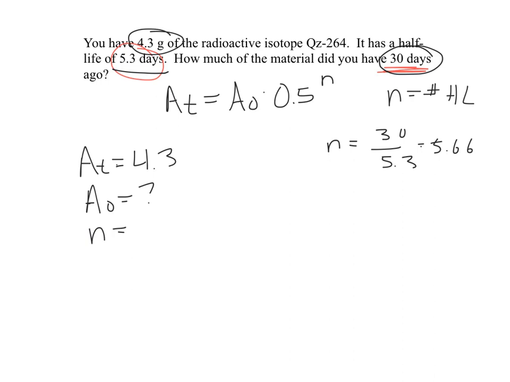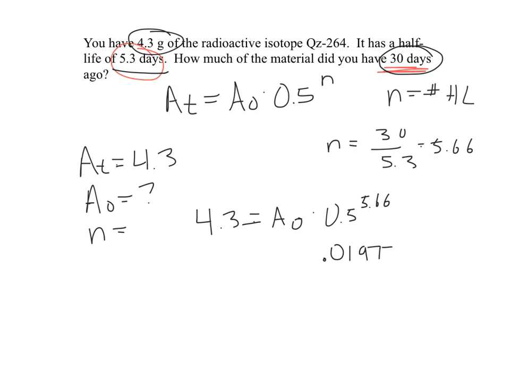And again, we plug in now, so 4.3 equals A0 times 0.5 raised to the 5.66, and then we're going to solve for A0. So 0.5 raised to the 5.66 is 0.019777, and I would wait to round until really near the end, so try to keep a bunch of decimals.